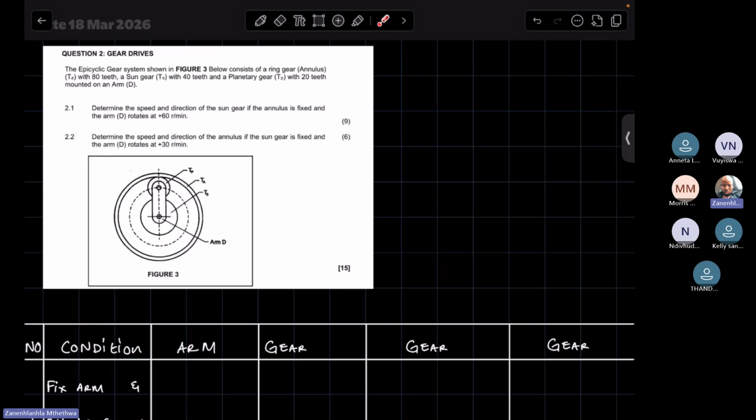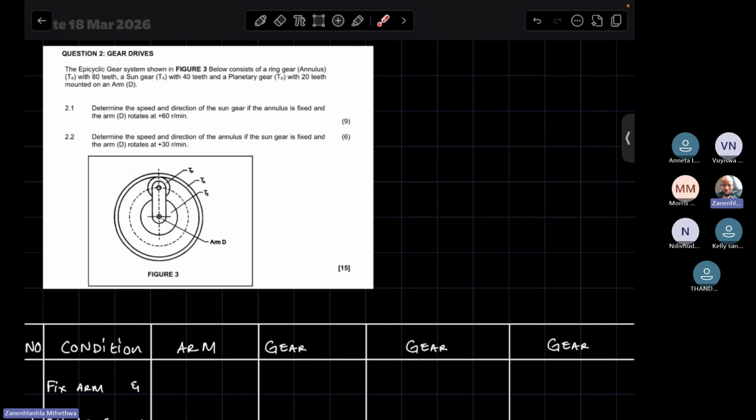So the annulus has number of teeth named as TA. So that's this one, the biggest gear in the epicyclic gear system. The number of teeth has been denoted as TA with 80 teeth. And then a sun gear TS with 40 teeth and a planetary gear TP with 20 teeth.